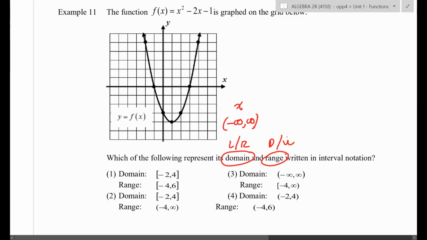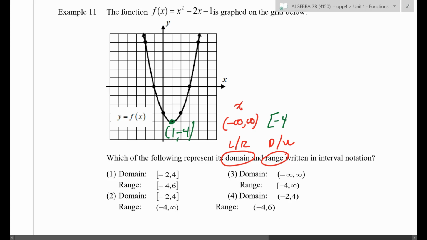For my range, I'm going to get on my graph, and I'm going to follow my graph until I get the value that is furthest down. What point is furthest down? It's this one, right? That's the point 1, -4. So I'm going to start my graph at -4. Now, what do you notice I did, guys?